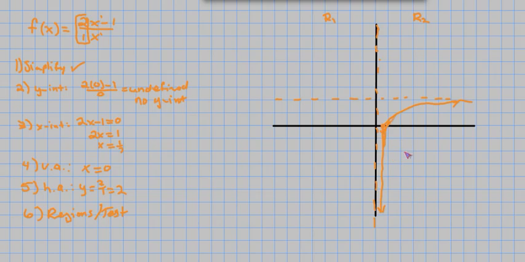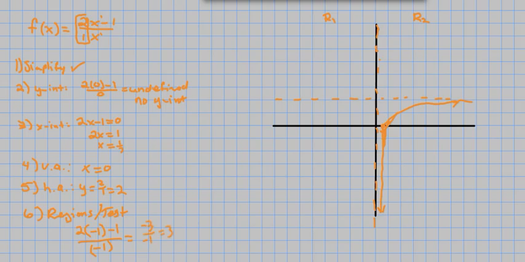So over here we can take any value to the left. So let's take something that's easy. So let's take -1. So over here, if I plug -1 in for x, my top value is going to become 2 times -1 minus 1. My bottom is going to become -1. So if we simplify that, 2 times -1 is -2, minus 1 is -3, over -1, which is just 3.